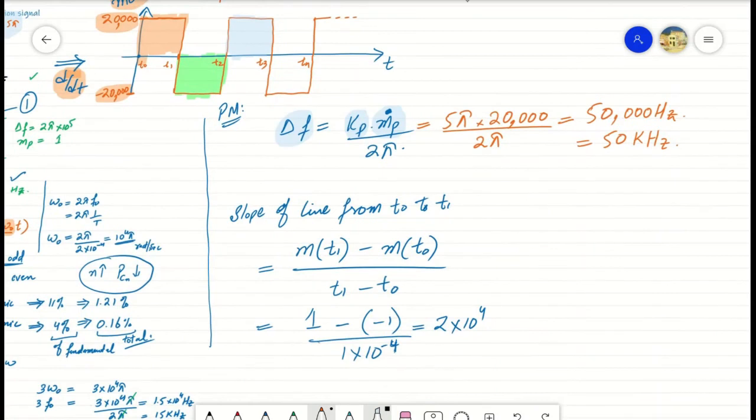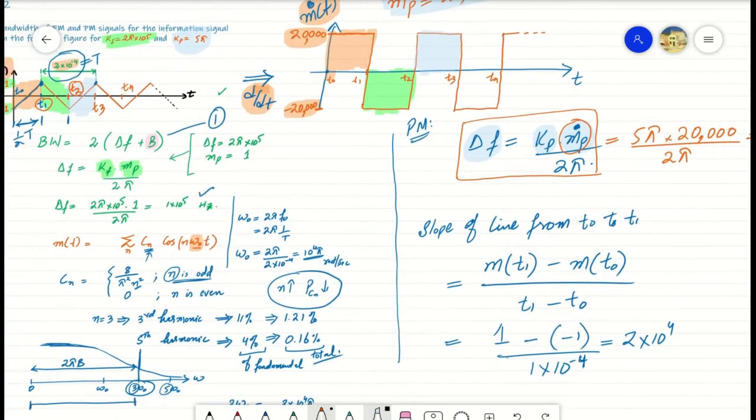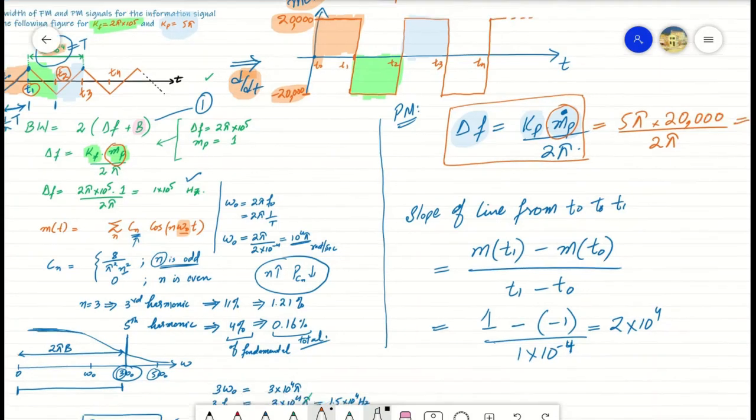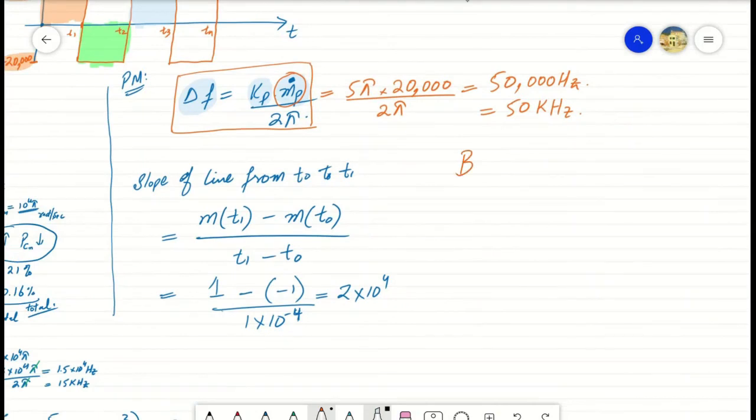The formula for calculating the peak frequency deviation for frequency and phase modulation signals is different, as frequencies are influenced by the derivative signal in phase modulated signals, and frequencies are influenced by the information signal itself in the case of frequency modulated signals, whereas the bandwidth can be calculated for both cases with the same Carson's rule, that is equal to 2 times the peak frequency deviation plus the bandwidth of information signal.